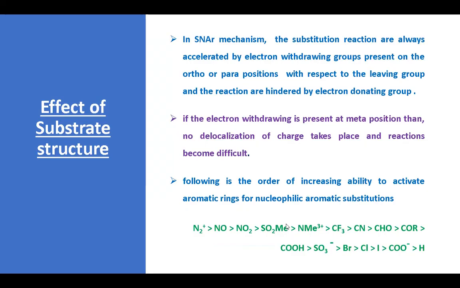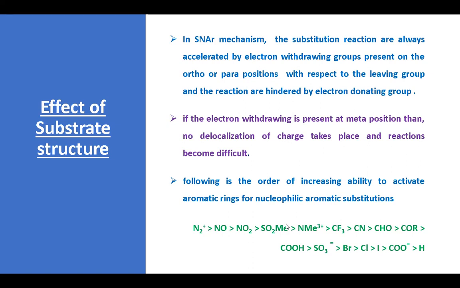The first factor is the effect of substrate structure on the rate of nucleophilic aromatic substitution reaction. In the SNAr mechanism, if electron-withdrawing groups are present at the ortho or para positions to the leaving group, great acceleration in the rate of reaction has been observed.